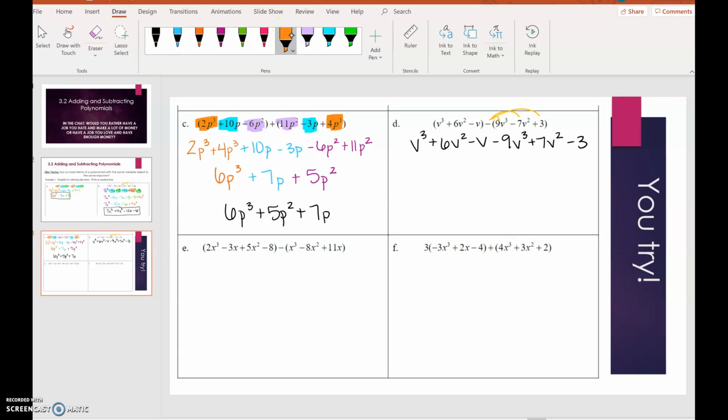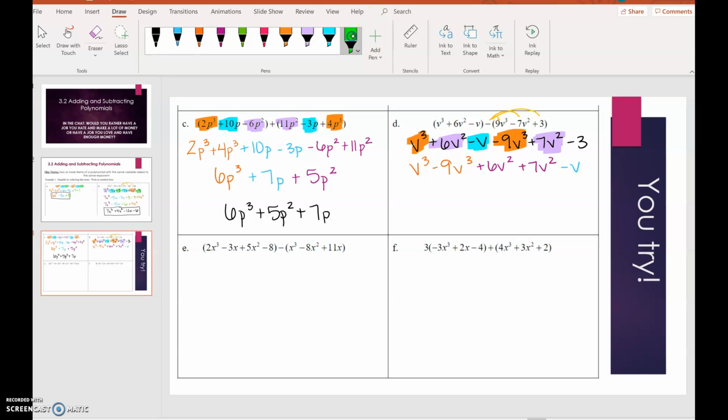Now, looking for our like terms, we have v to the 3rd minus 9v to the 3rd. And then the next ones, here's a 6v squared, here's another v squared, so that would be plus 6v squared plus 7v squared. And then next we have a minus v, and this one doesn't have a v, so it's just minus v.